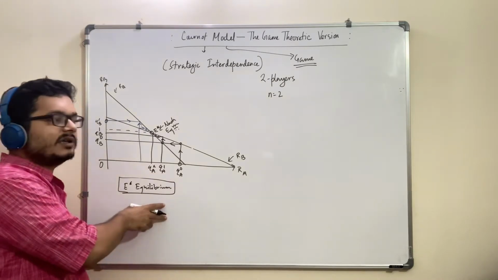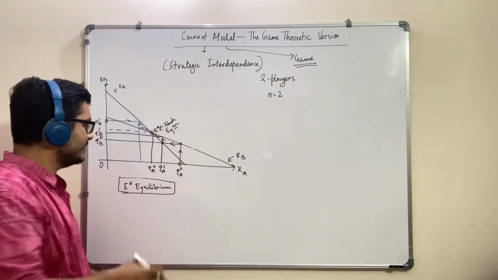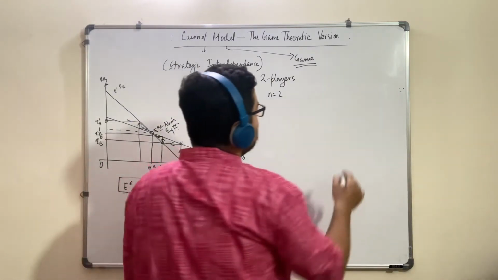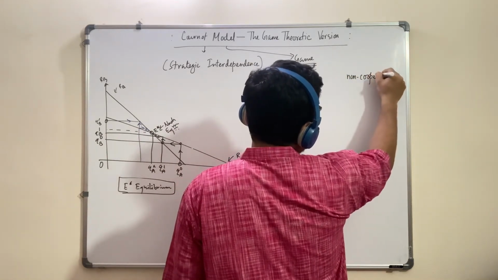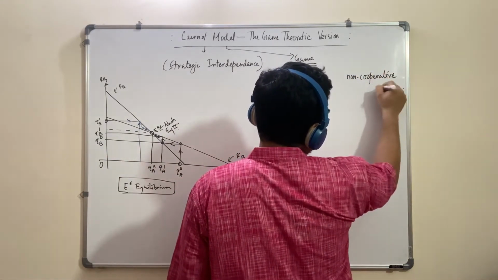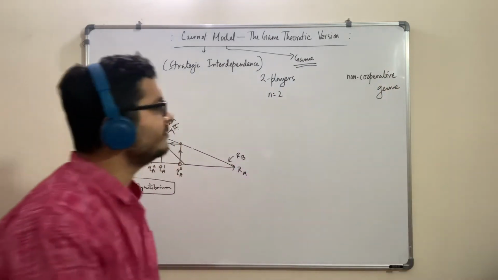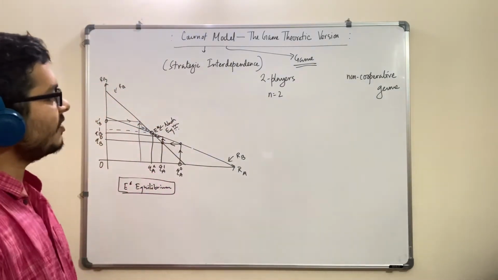If you are interested in the collusion equilibrium, you can watch the problem solving class. Here we are non-collusion. That means we are dealing with a non-cooperative game, and that's why Nash equilibrium. In a cooperative game, we will be searching for something very different.